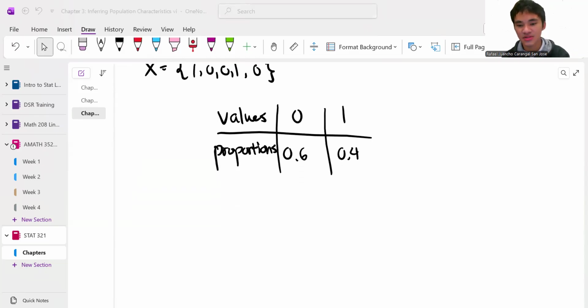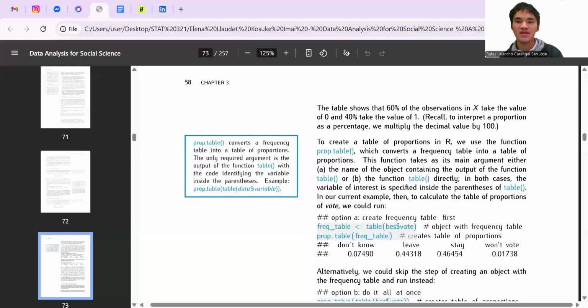Now going back to our code here. That table shows that, again, 60% of observations in x take the value of 0 and 40% take the value of 1. Now recall, to interpret a proportion as a percentage, we multiply the decimal value by 100.